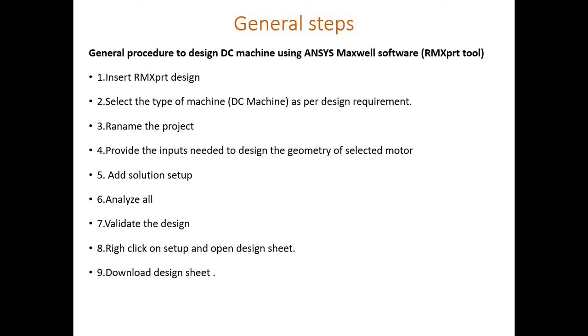For this DC machine, first of all, we need to insert RMXpert design. Then we have to select the type of the machine, that is for this case DC machine as per the design requirement. Then as per your convenience, you can rename the project.